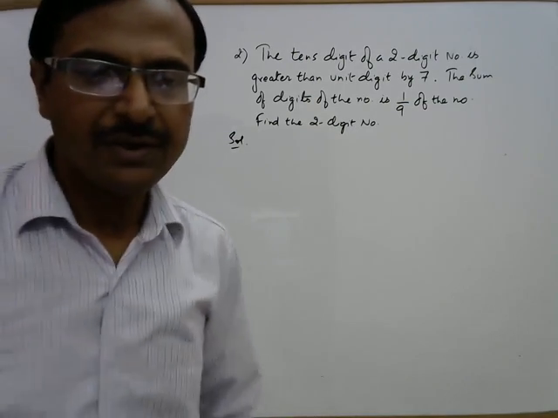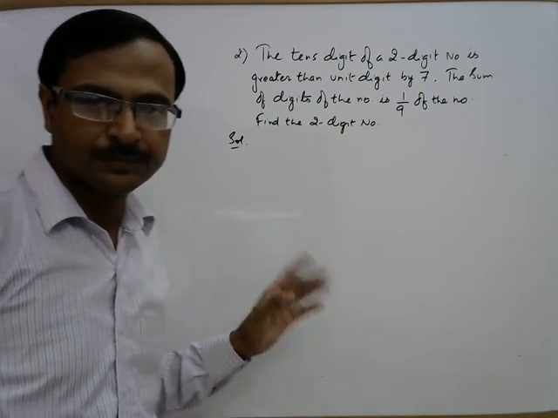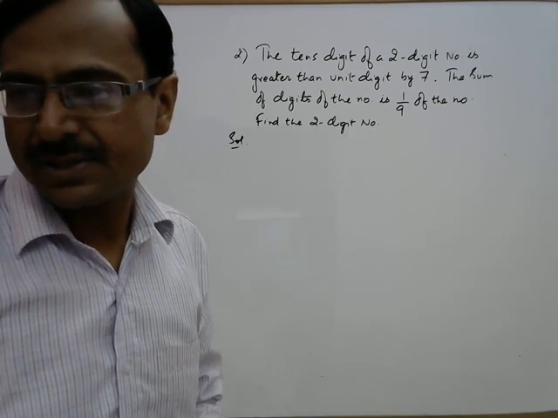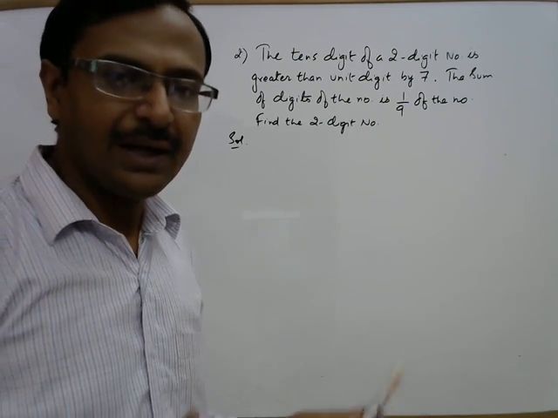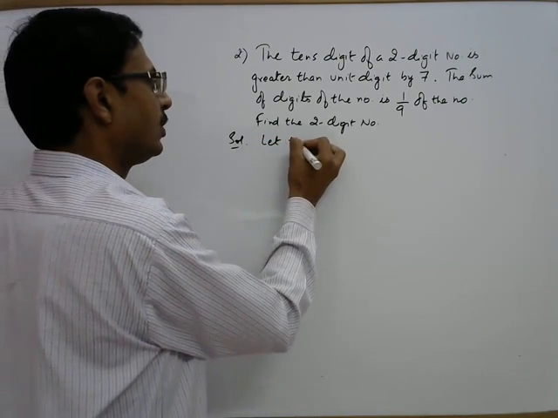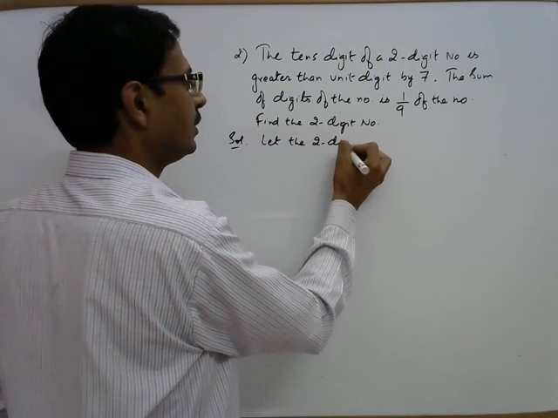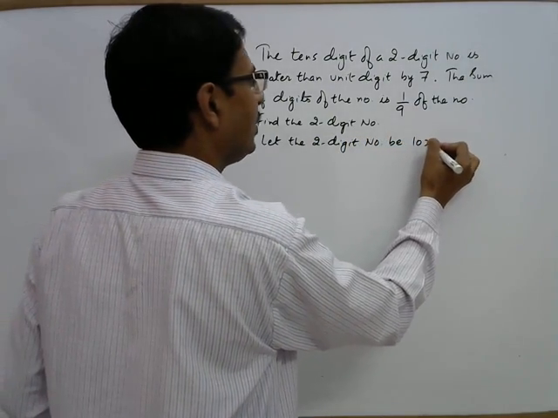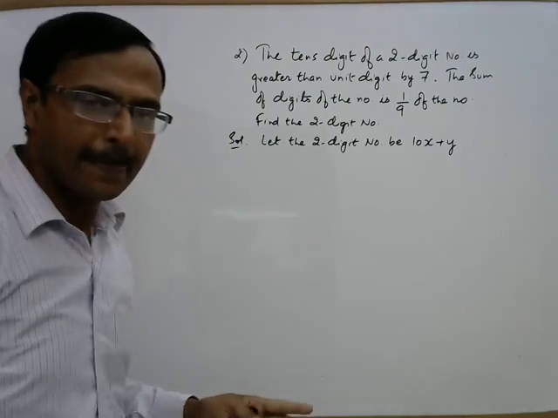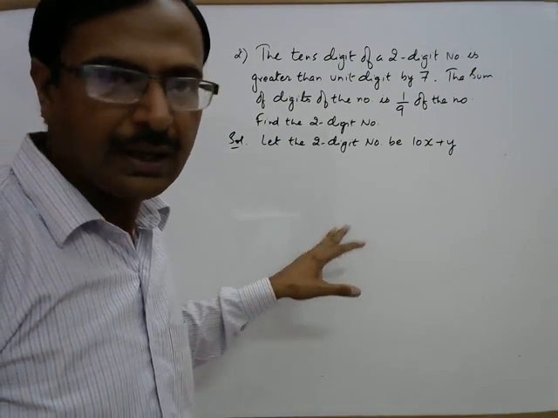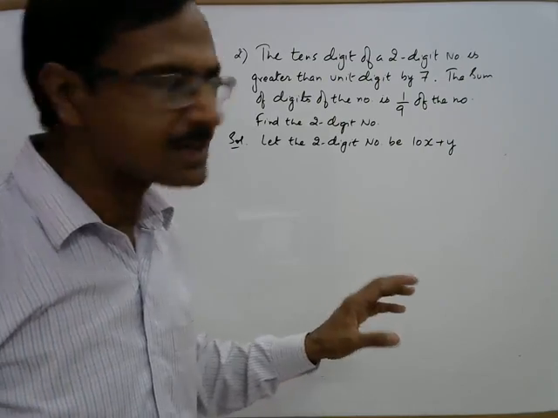Now see students, again we are given two conditions here. Find the two-digit number. That means the question will start like we started the previous question. Let the two-digit number be 10x plus y. So once you have assumed a number, let us get on with making the equations.